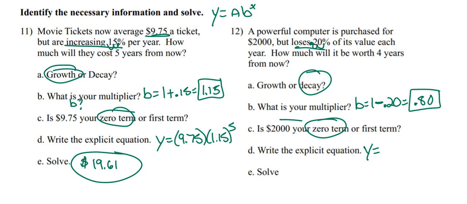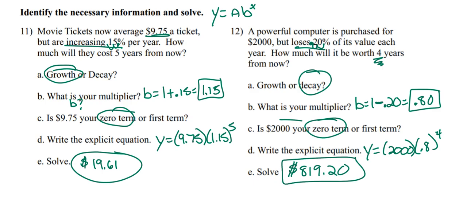It's going to be y equals 2,000 is my initial amount. Then it's 0.8 to the 4 years from now. So 4. Again, I'm just going to use my calculator for this part. 2,000 times 0.8 to the 4th. I get $819.20.